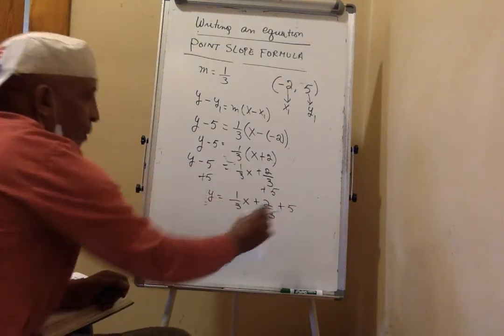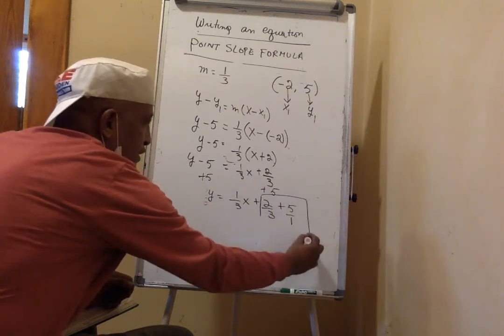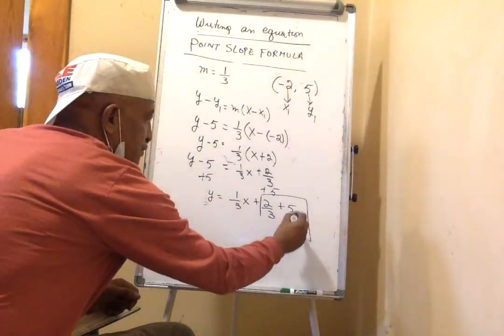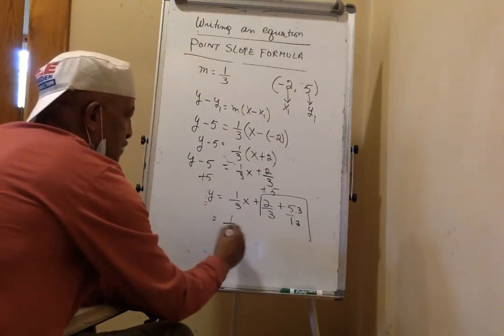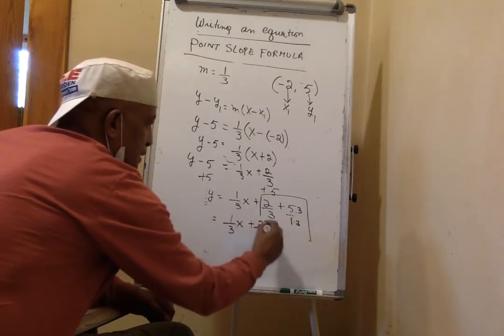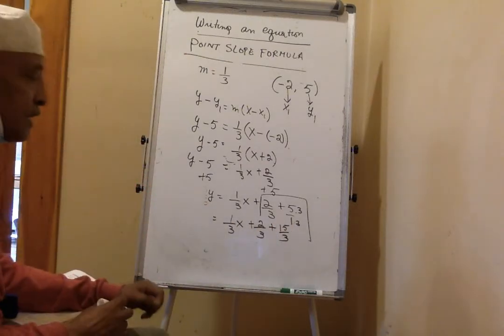But then you want to combine these two. So this is 5 over 1. All you need to do is find the least common denominator. Multiply this one by 3, so you end up with 1 over 3x plus 2 over 3 plus 15 over 3. Right?